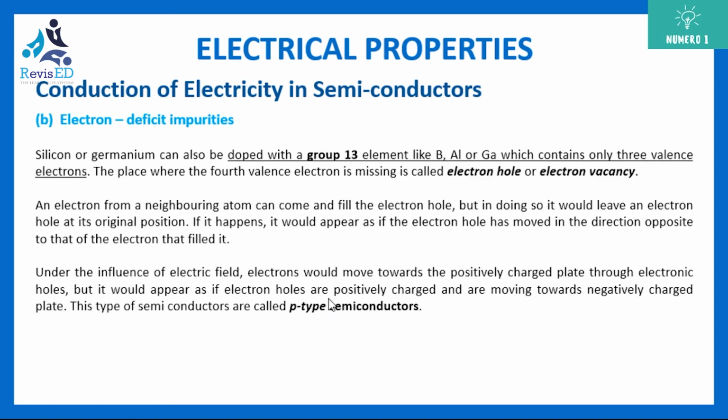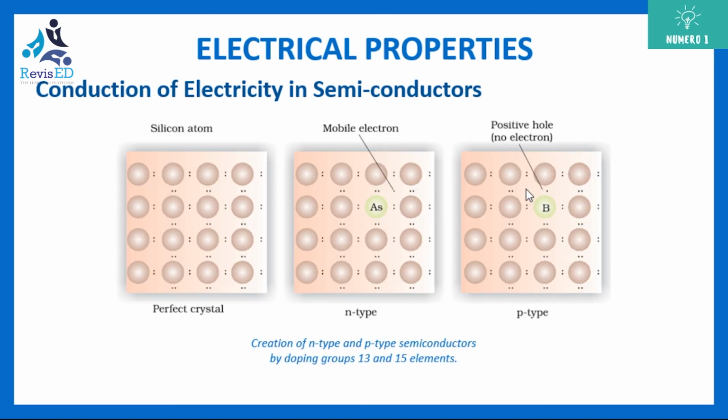The same goes for p-type semiconductors. Basically there is the presence of a hole. What happens is the electron jumps into the hole and another hole is created. For example, let's say this electron jumps here. Then a new hole is created here, so the next electron can jump into this hole.